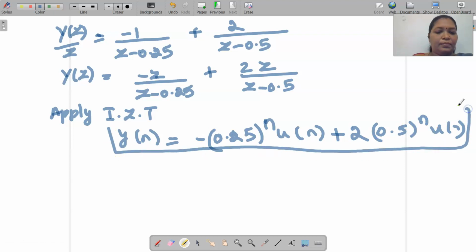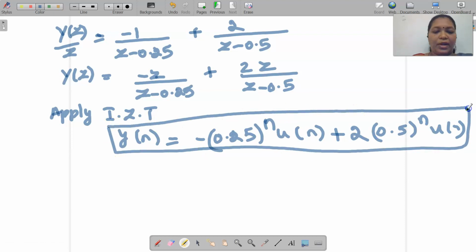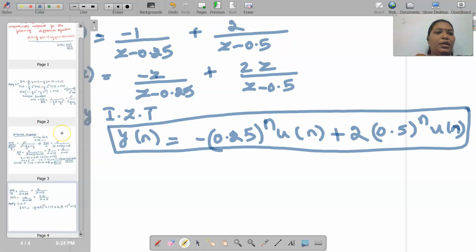So this is the final equation for your impulse response. So substitute x(n) is equal to delta(n) and X(z) becomes 1. Okay, and then find out your values.